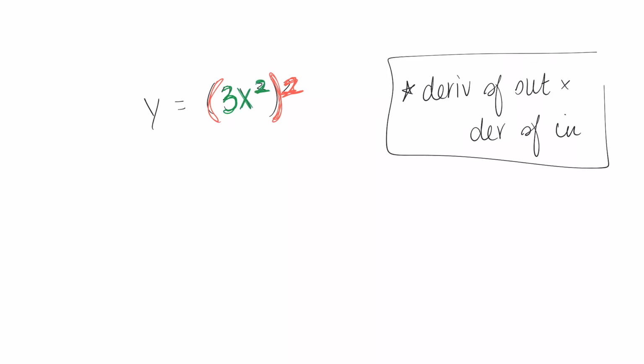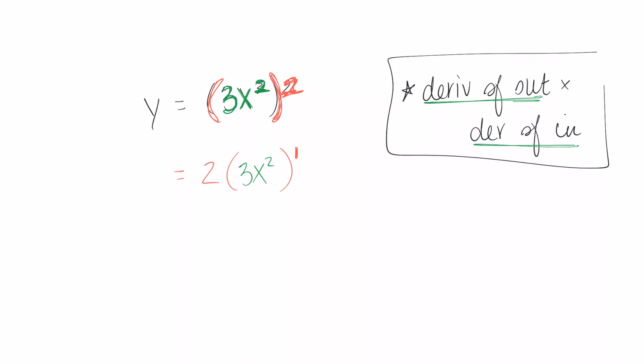So we're going to take the derivative of the red part. What is the derivative of something squared? The derivative of something squared is 2 something to the 1, right? Well, that 3x squared is still in there. I'm just going to dump it in there. So that's the derivative of the outside. Now, what is the derivative of the inside?